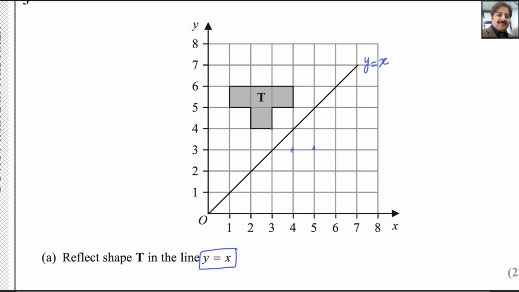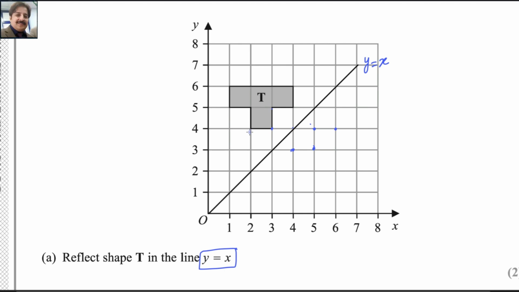This point is half unit away, so it comes here. Now this is a complete unit away from that line. So it comes here.